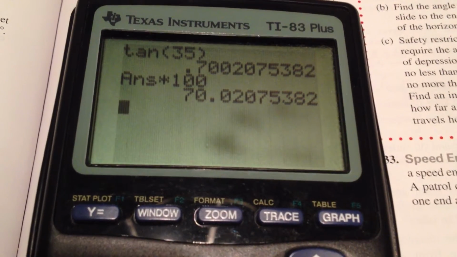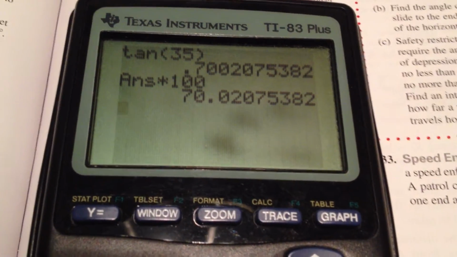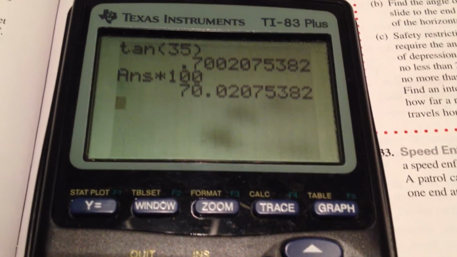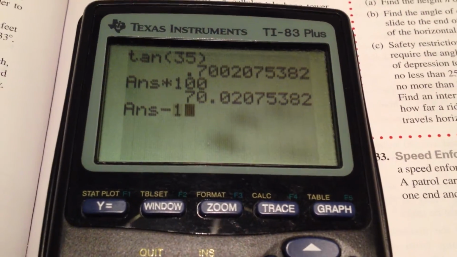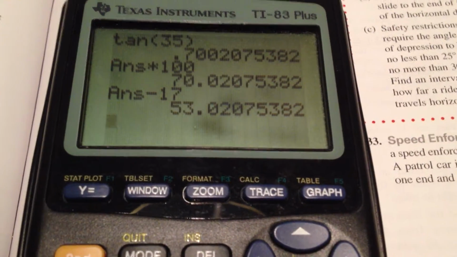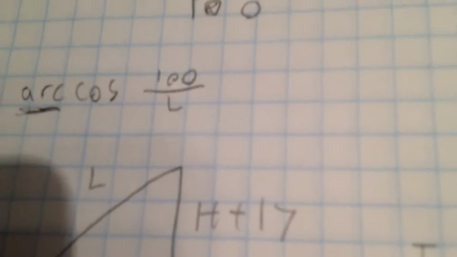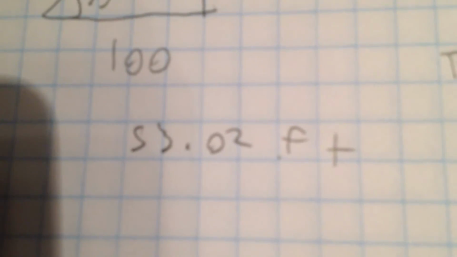And so 70.02 equals h plus 17, which means we just take 70.02 minus 17 from it, and that gives us our answer. So let's see, it's 53.02 feet. 53.02 feet. And that's how you do it.